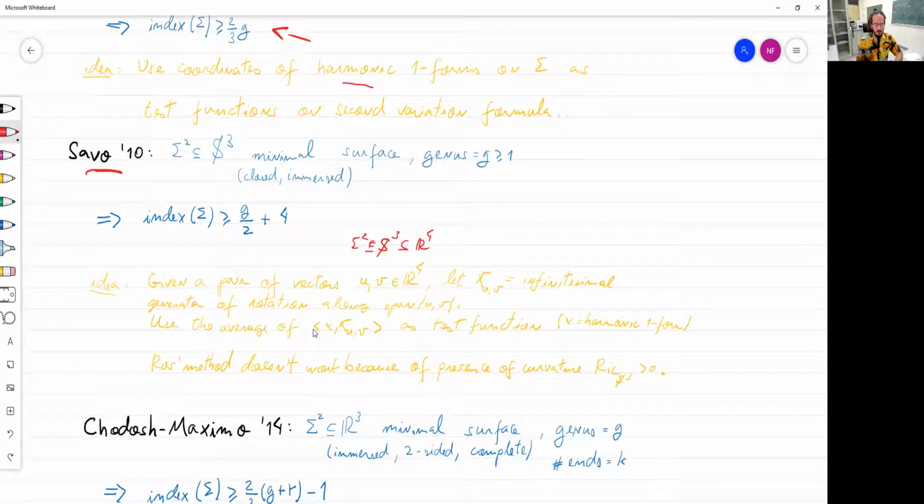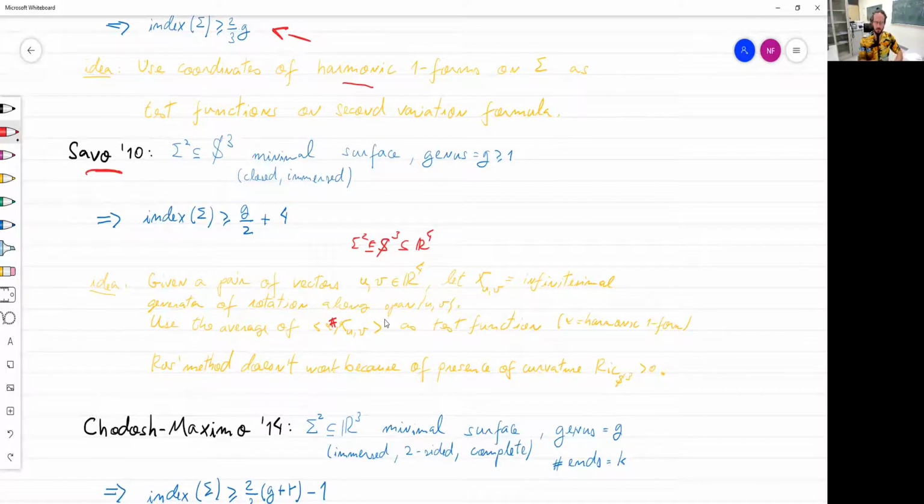And then he uses, so if alpha is a harmonic one form, or rather the dual vector, right, using the metric, then he uses the average of these functions as test function. Okay, average over all UV with norm 1.